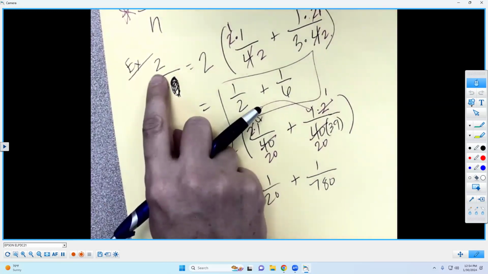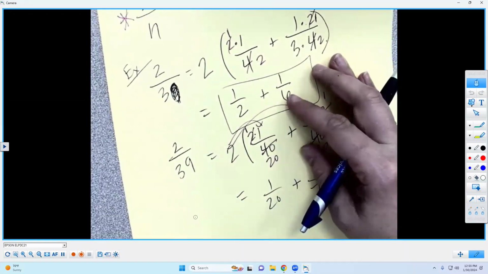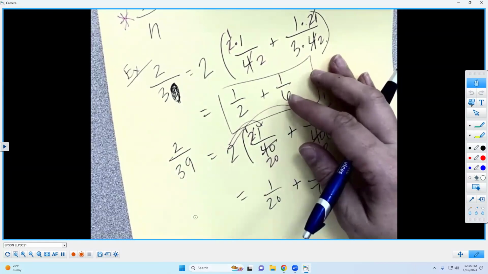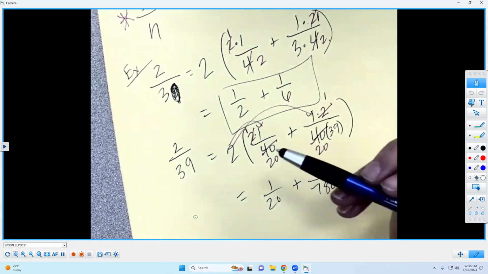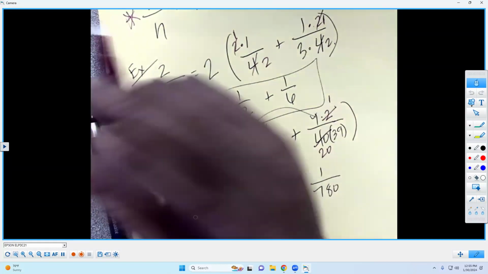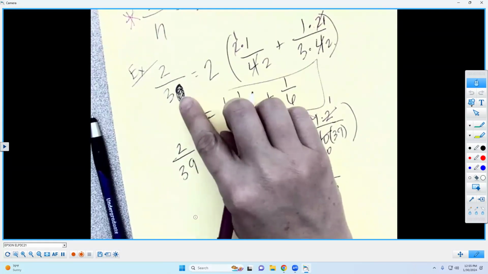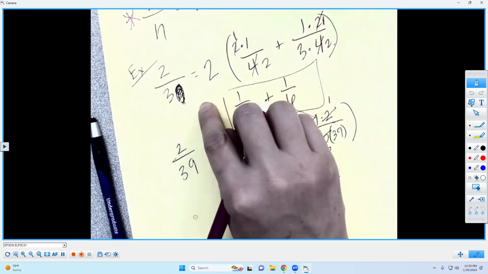If you have the number 2, this process will always work. Why will this process always work with the number 2 on top? Because here's the idea, you have 2 options. With the 2 on top, your denominator is either an even number or an odd number.